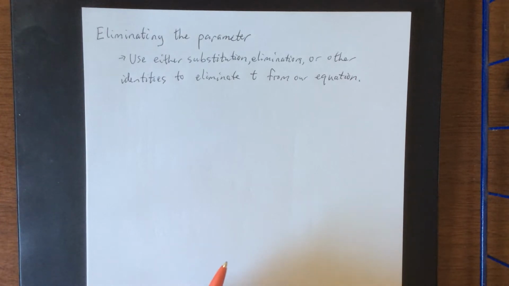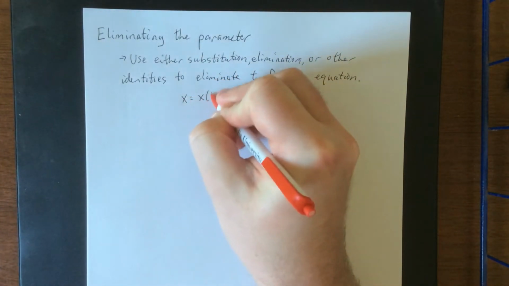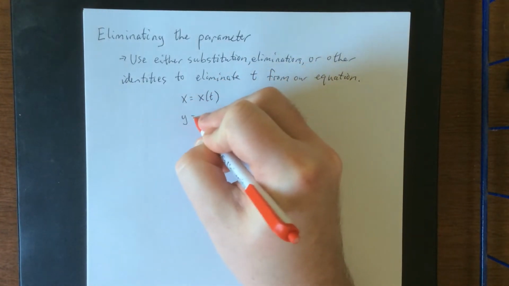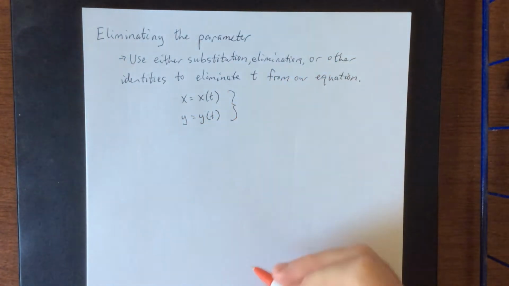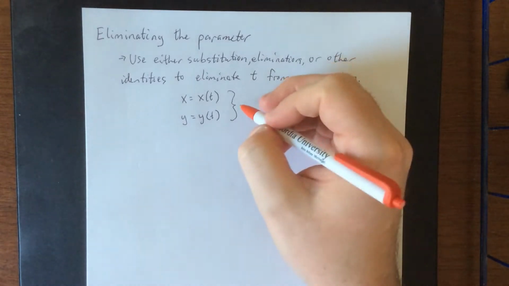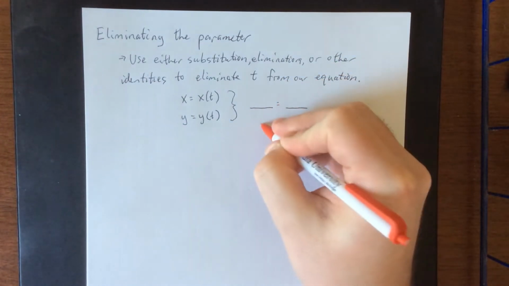Now, when we are dealing with these parametric equations, we're going to have two equations involving three variables. The three variables are t, x, and y, normally given as x is going to be some function of t, and y is going to be some function of t. The goal is that we would like to eliminate the parameter t and wind up with something in terms of just x and y.